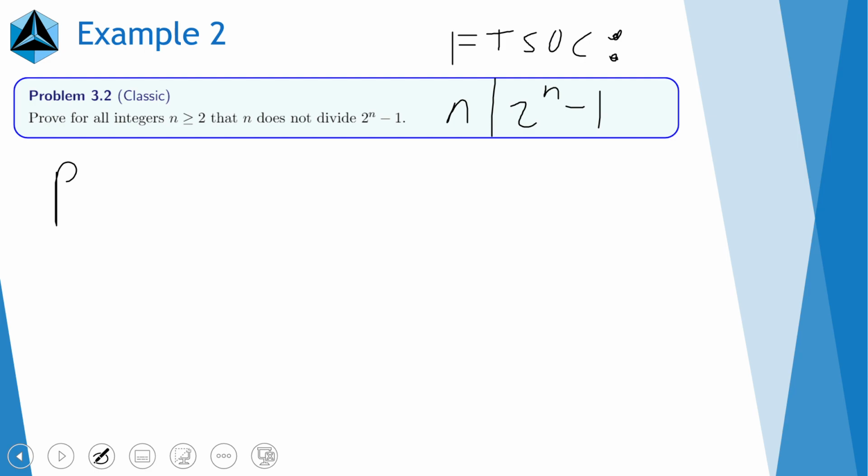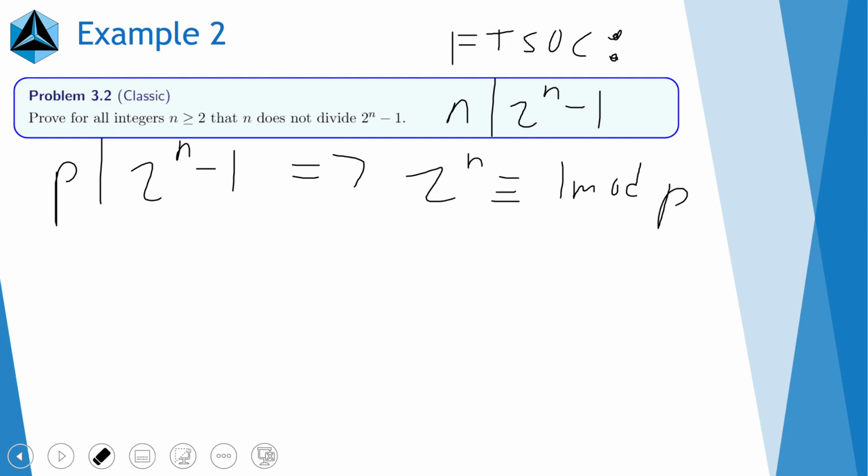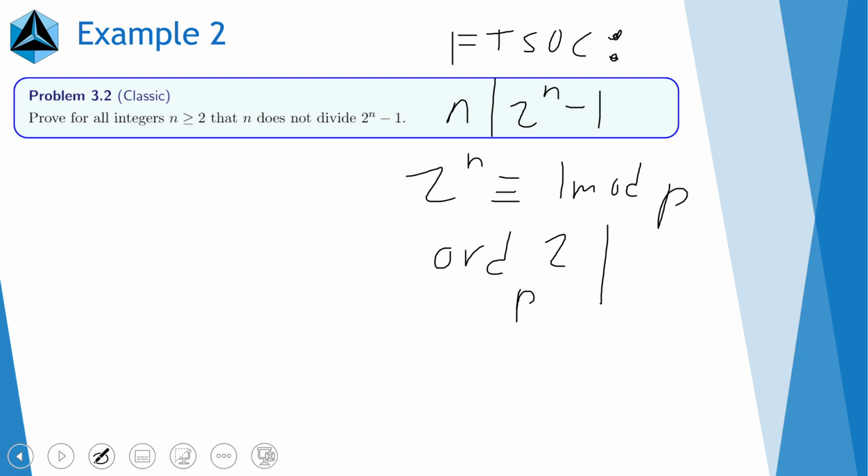We know that this gives us that p divides 2 to the n minus 1. This should be direct, which gives us 2 to the n is congruent to 1 mod p. And this is looking a lot more like our standard orders, which starts to give us that the order of 2 mod p divides n.